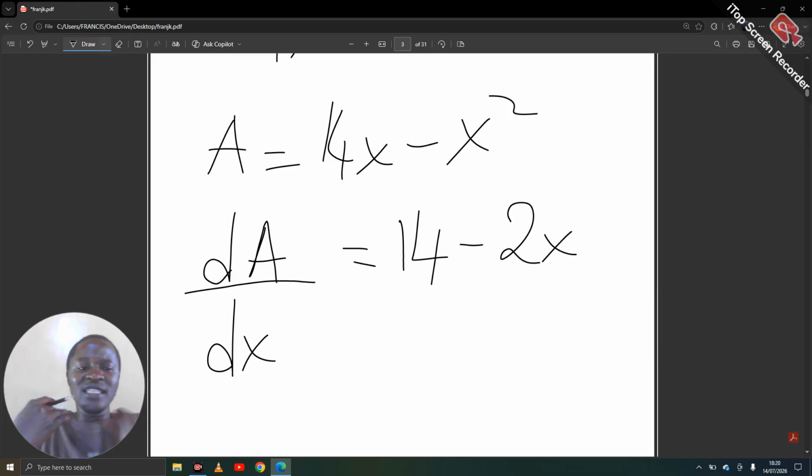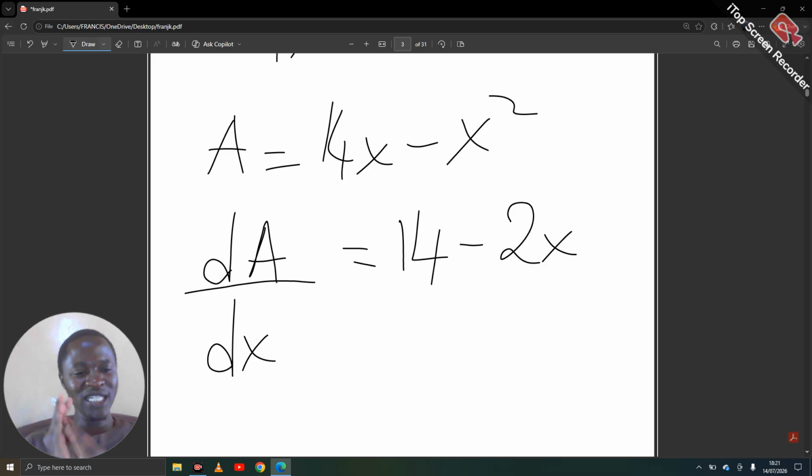The assumption being made here is that in mensuration or maxima and minima, the derivative dA over dx should be equal to 0.